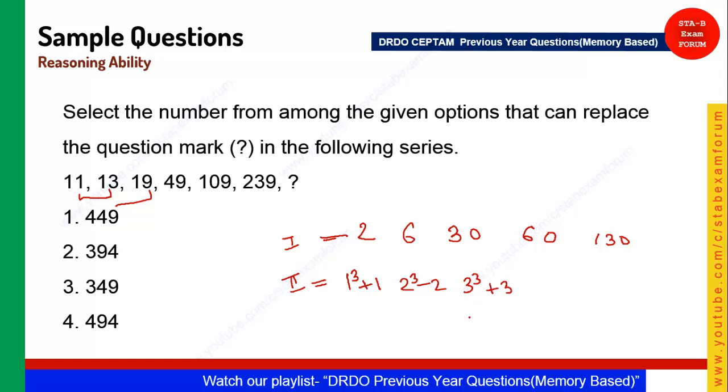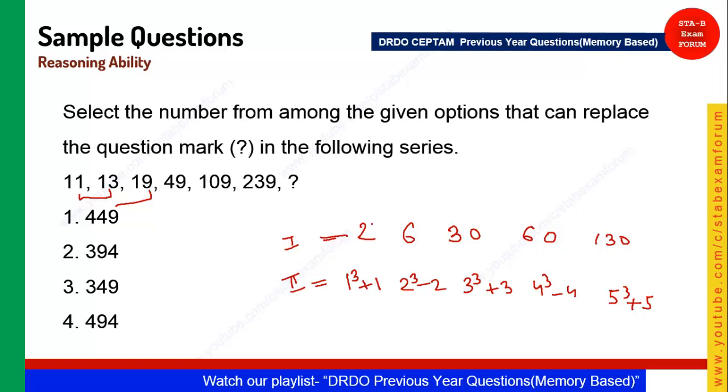So how much do we get? 30. Yes. Next one is 4 cube minus 4. So alternately plus and minus, and we have cubes in it. Okay, so 64 minus 4 is 60, and after that what should we have? 5 cube plus 5. Okay, it is 125 plus 5.